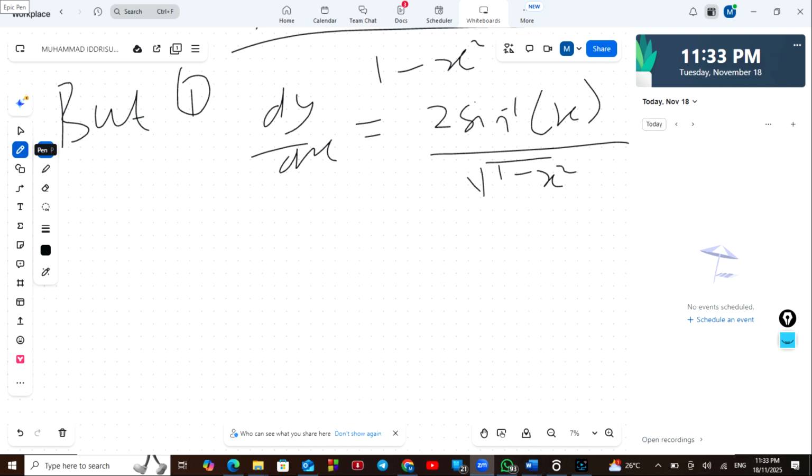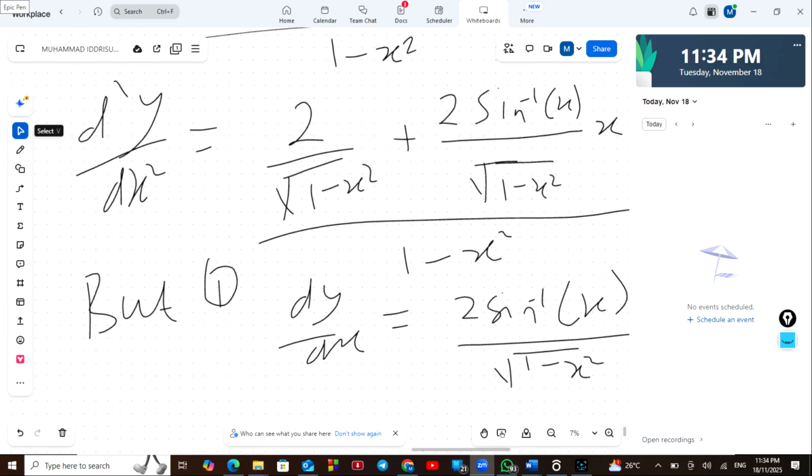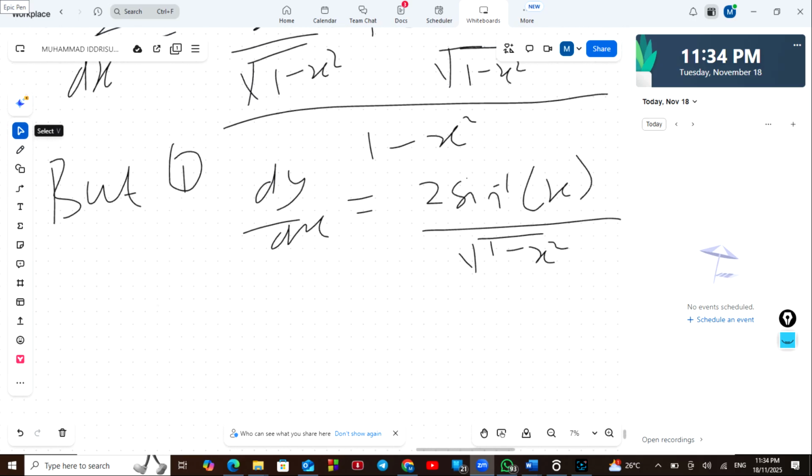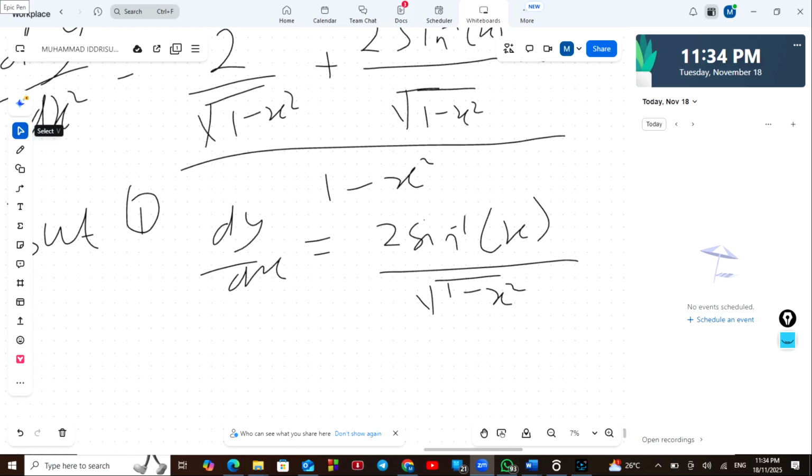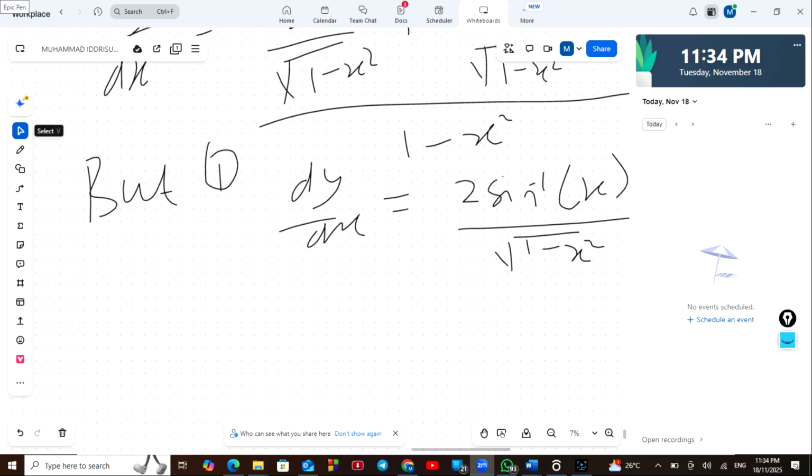If we even want, we can multiply through by 1 minus x square, so that we will stop dividing by the 1 minus x square. So we multiply both sides by 1 minus x square.